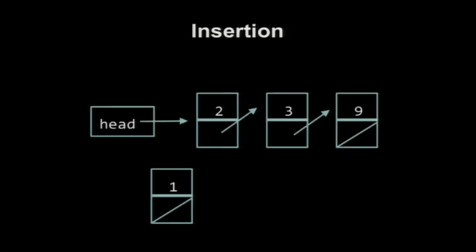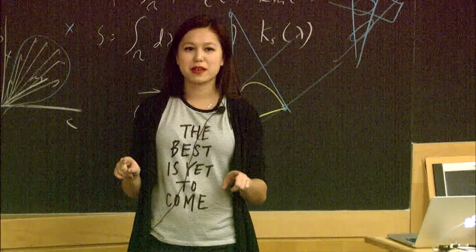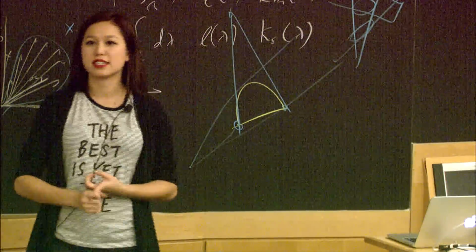Okay. So with insertion, you have three different ways. You can prepend, you can append, and you can insert into sorted. With this case, we're going to do a prepend. Does anyone know how those three cases might differ? So prepend means that you put it at the front of your list.